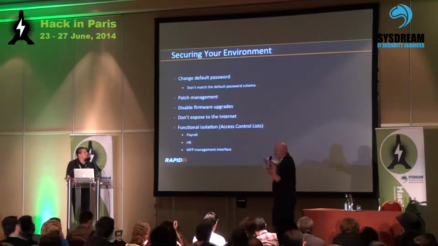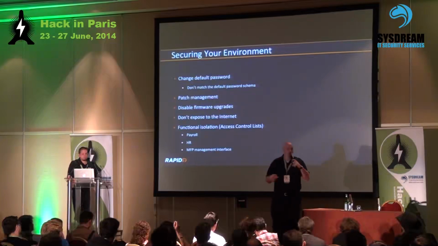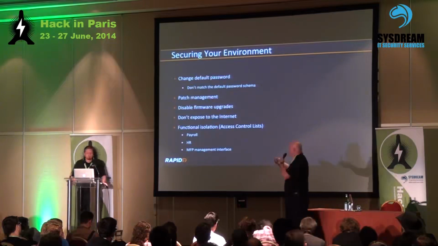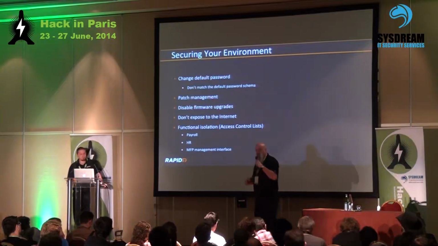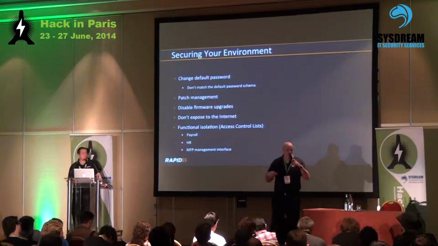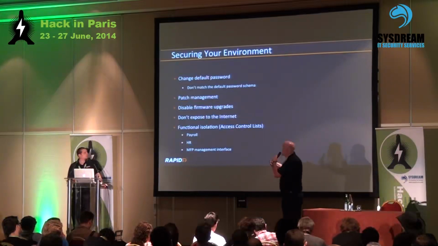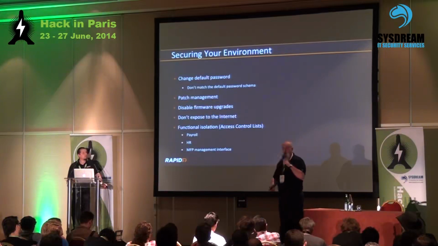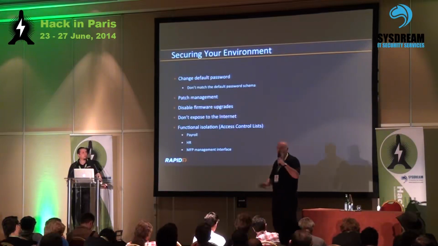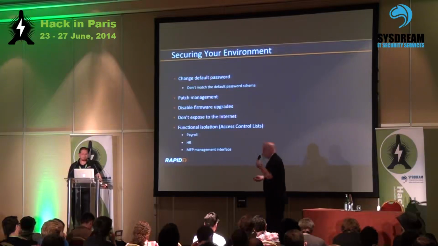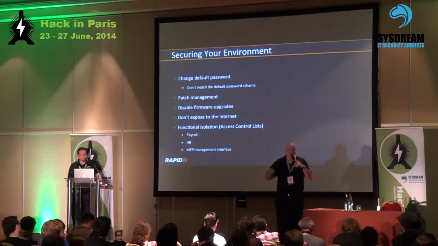If your printer allows remote firmware upgrades, disable that functionality and then change the password. Those two things combined will probably secure you, especially on the Xerox, maybe some other brands. But it is most critical that your default passwords are changed. I've been doing this long enough, I've probably got three-quarters of them memorized, so I don't even have to look them up anymore. I just log into your printer and steal the data.